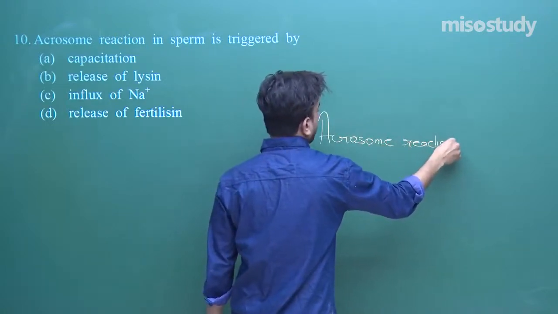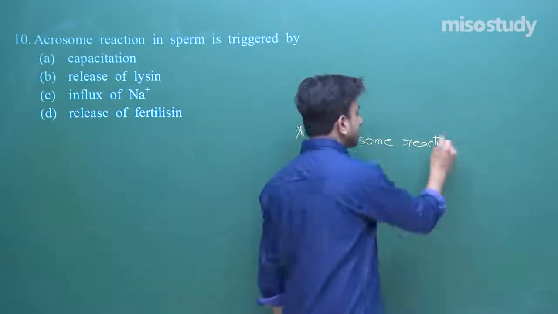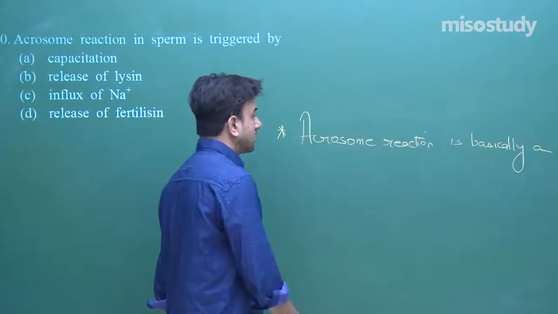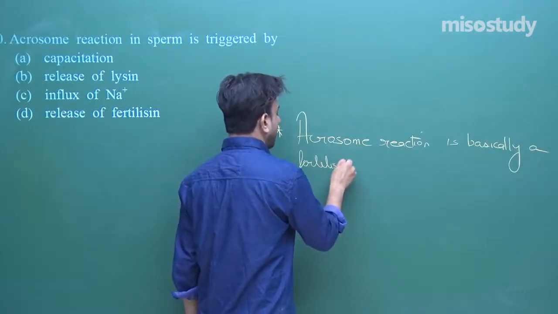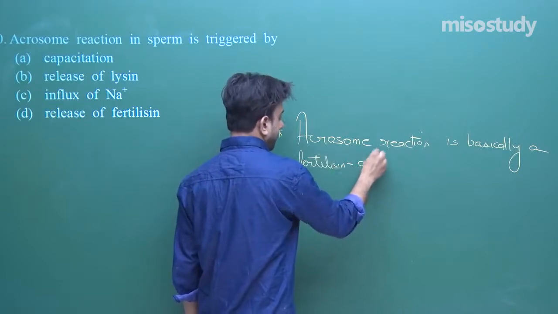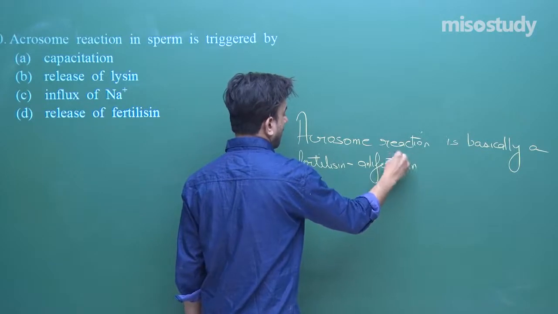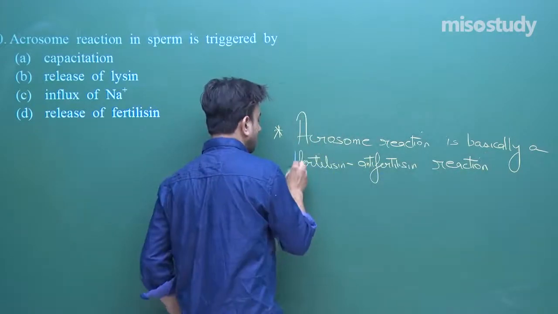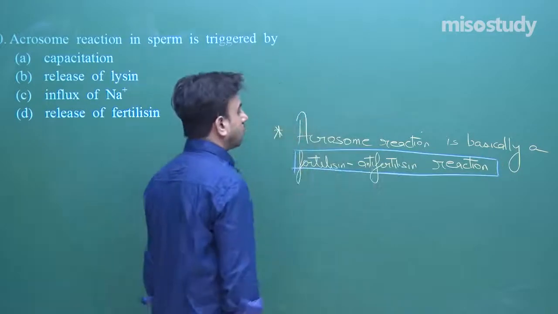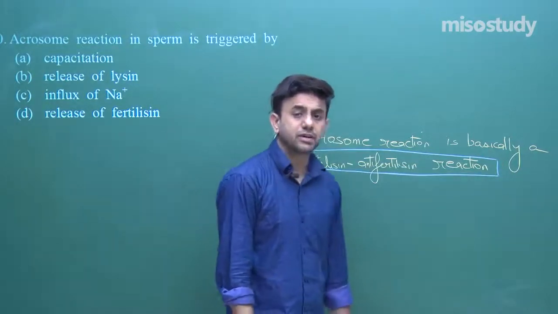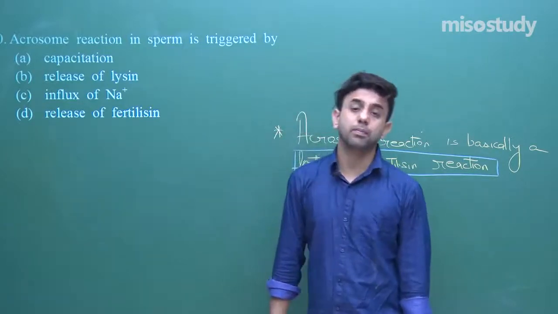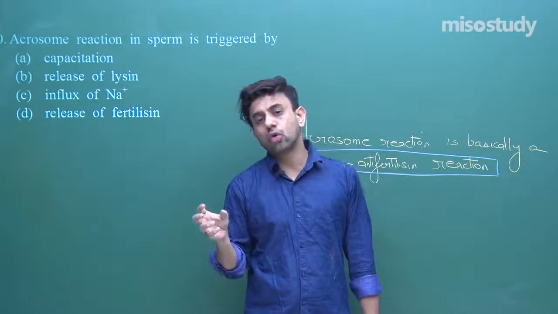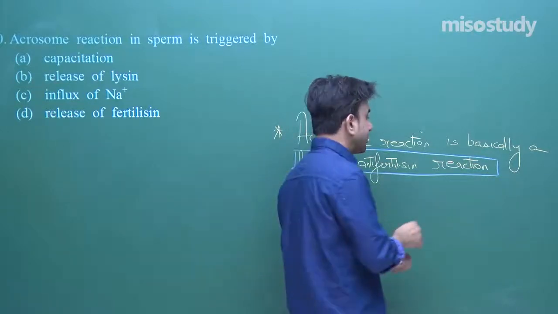The acrosome reaction is basically a fertilizing, anti-fertilizing reaction, which will not exactly prevent polyembryony, but it will not allow a different ovum to fertilize with the sperm.